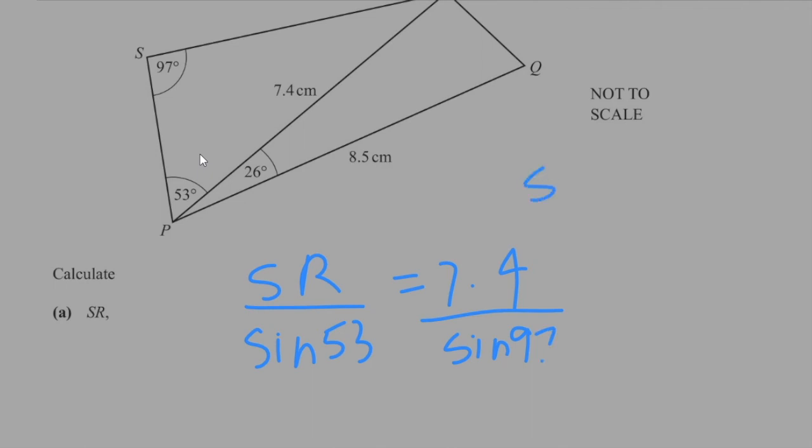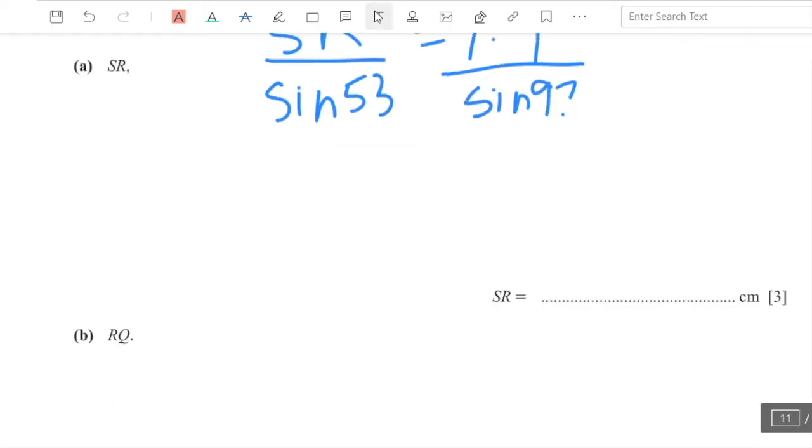So SR is going to be equal to 7.4 into sine 53 divided by sine 97. So SR over here is going to be equal to 5.95.